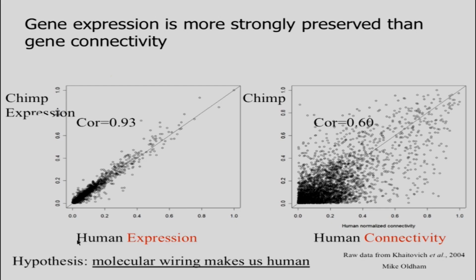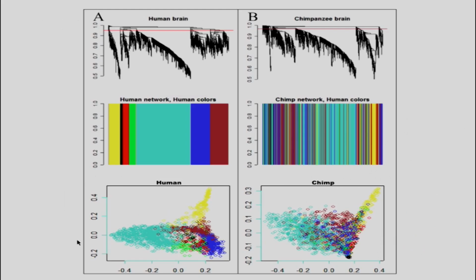When you detect differences in connectivity patterns, they reflect differences in module structure. Therefore, Mike Oldham first applied module detection in the human brain data, and he found these very distinct branches and these different colors. And similarly, he had the chimpanzee brain data.